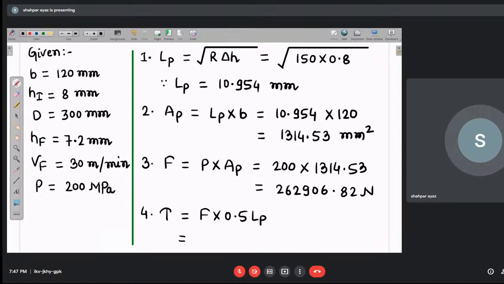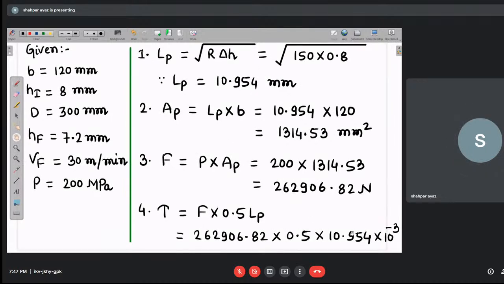So force we have, that is 262,906.82, into 0.5 into 10.954 into 10 to the power minus 3. Clear, everyone? So this is how we can get the torque.